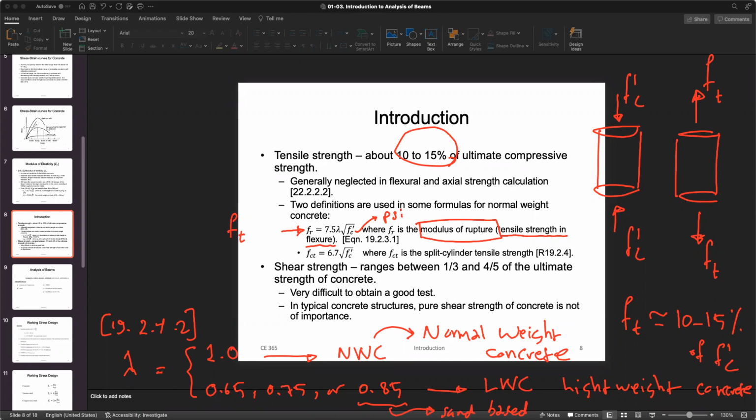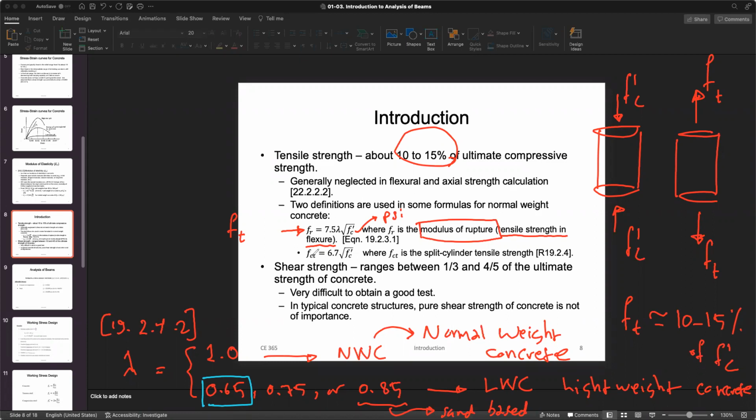I think it is 0.65 as well. Now I'm a little bit unsure at this moment. I'm sure about 0.75 and 0.85, but 0.65 maybe. I've got to double check that. All right. So if it is normal weight concrete, it's straight 1. You're going to apply it here, and you're going to find fr.